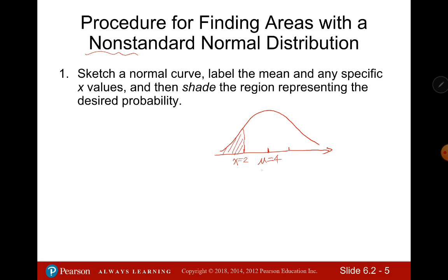Then second step, we know the mean is in the middle. The mean is equal to 0, right? And we convert this x to the z-score. This z is the mu of this standard normal distribution. We convert the x value to the z-score.